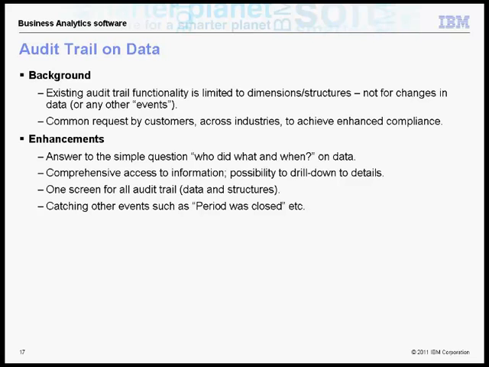But there was a common request by our customers, particularly at the customer advisory boards, to be able to actually track data changes, not just metadata changes. And this is what this enhancement brings about. It answers the simple question, who did what and when?